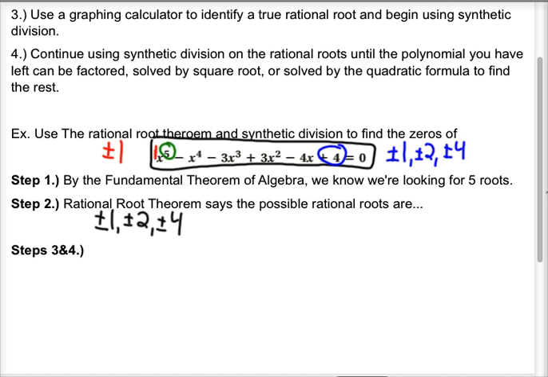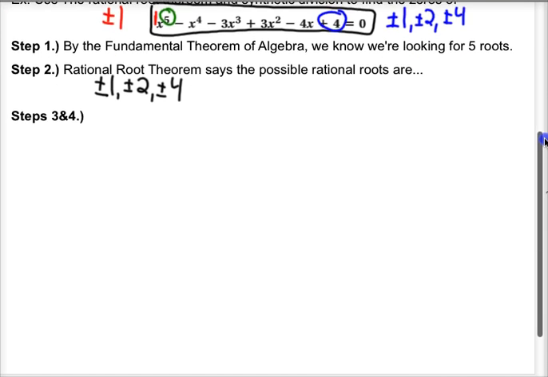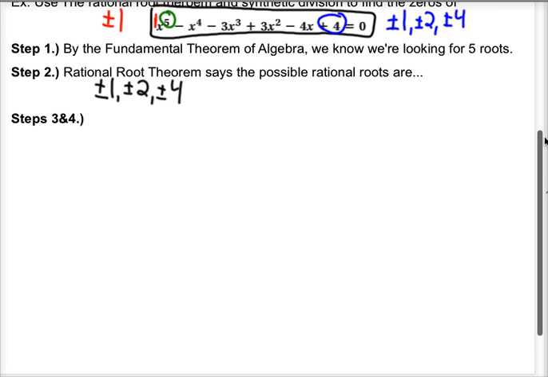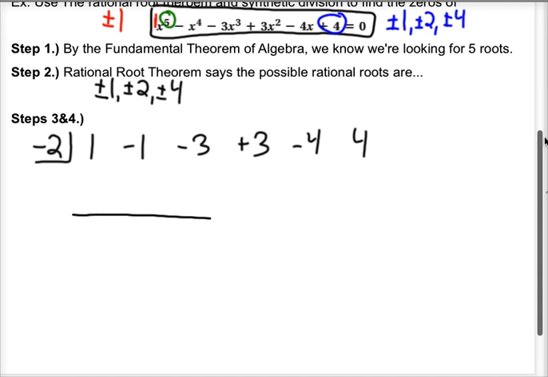Once I found one, I'm going to use synthetic division beginning at that -2, on x to the 5th minus x to the 4th minus 3x cubed plus 3x squared minus 4x plus 4.